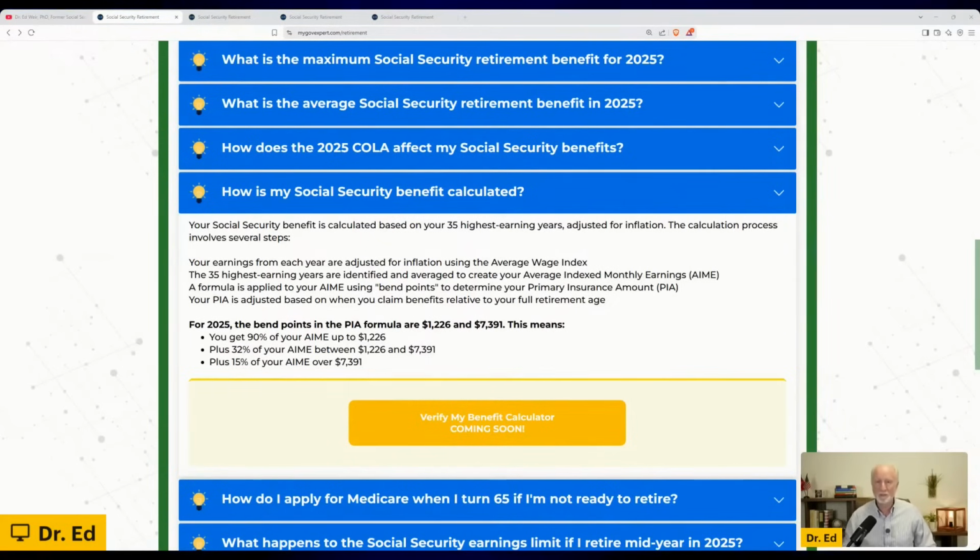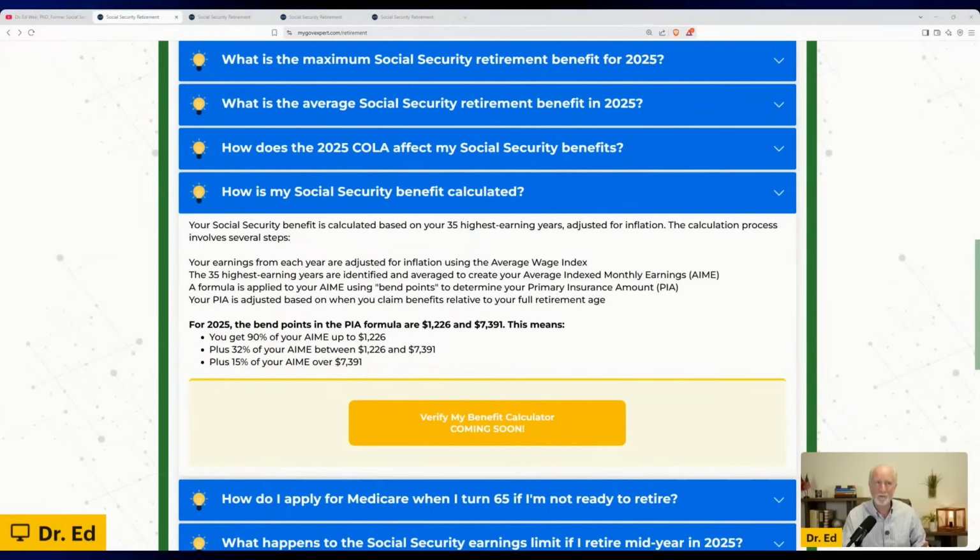A lot of people make the mistake of saying, well, I made $20,000, $30,000 last year and I made $10,000 when I was 18 years old, so obviously the money I made last year is more. No, the money you made at 18, because it was indexed for inflation, a wage index, is worth a lot more.